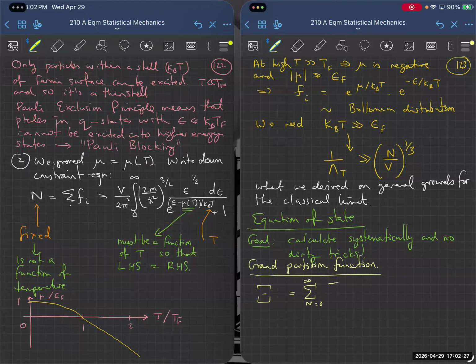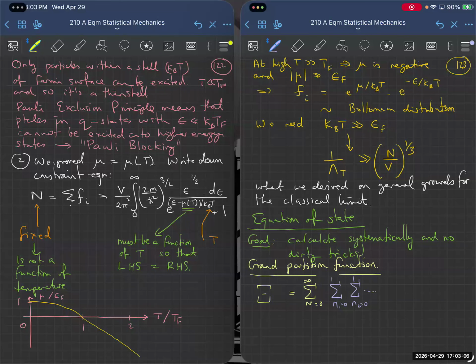So we sum over n1, n2, and so on, summing over the occupation numbers of every quantum state. In the case of fermions, these sums go from 0 to 1. In the case of bosons, they go from 0 to infinity.